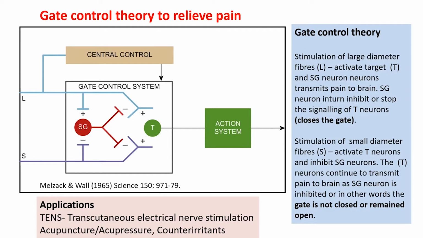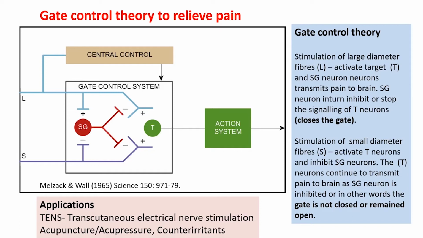They will activate the transmission of pain on one side, and now they would inhibit the substantia gelatinosa cells, which in turn presynaptically inhibit the, so that means inhibition of the inhibition, that means the gate is not closed, it remains open. That means there is a continuous flow of pain or nociceptive information through the T cells. This is happening with the small diameter fibers.